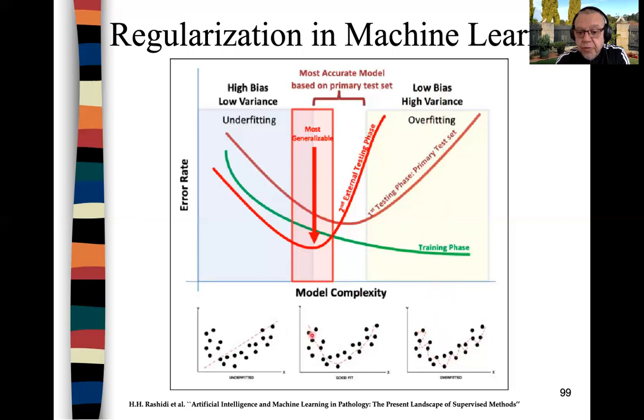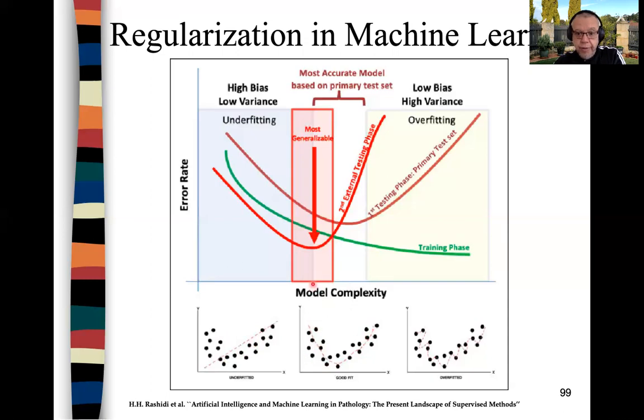Fitting this polynomial with this complexity fits most of the points well, and if you give it a point that it hasn't seen, it is able to fit it well, as opposed to this point here, where, if you give the model a point that it hasn't seen, you will not be able to fit it well.